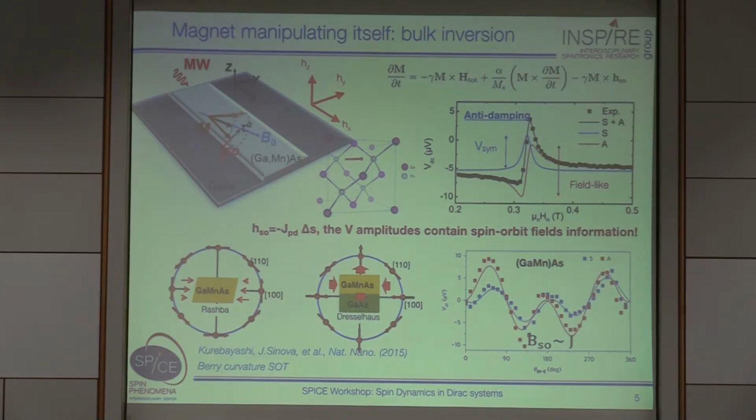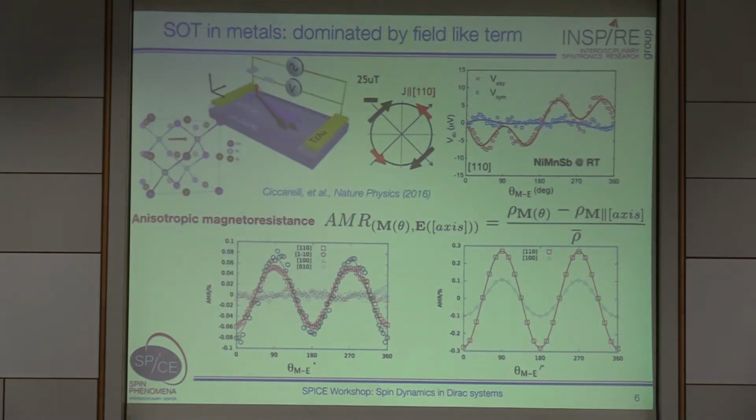So in the end, this was a beautiful work where for the first time it was shown that you can get an intrinsic type of spin orbit torque, which is very analogical to the original proposal of the intrinsic spin Hall effect. And you see that in this system, the contribution from the field-like torque is similarly important. This is not the case in a sister compound, but in a metallic case, not in a semiconducting case.